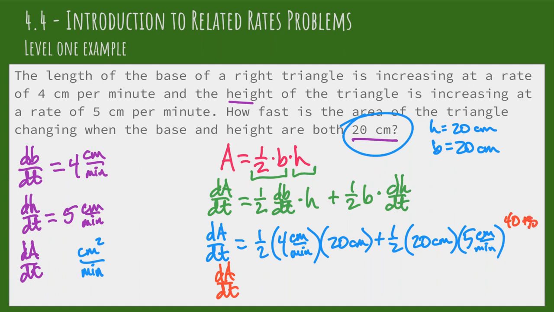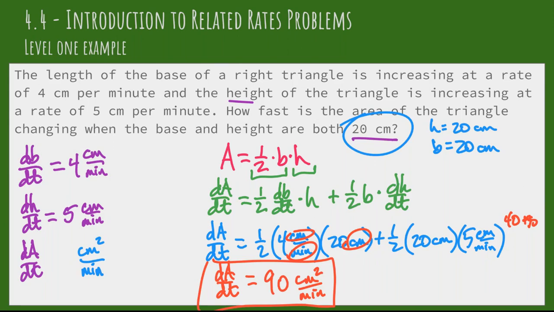So we're going to have 40 plus 50, which is 90. And each of the terms is going to be centimeters times centimeters divided by minutes, so they're each going to be square centimeters per minute. So at this moment, when the base and the height of the triangle are both 20 centimeters, the area is going to be changing at a rate of 90 square centimeters per minute.